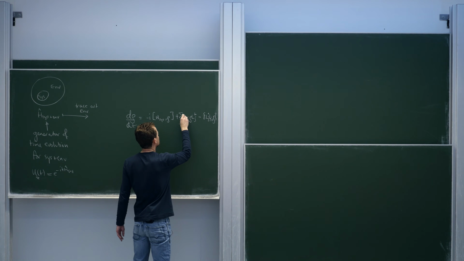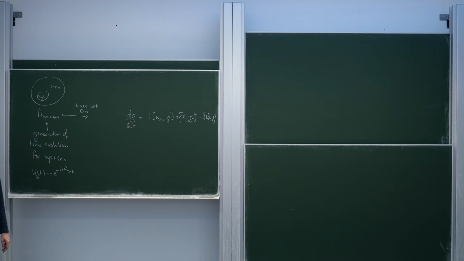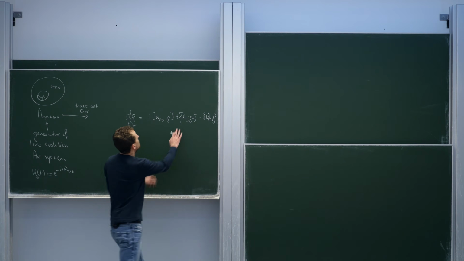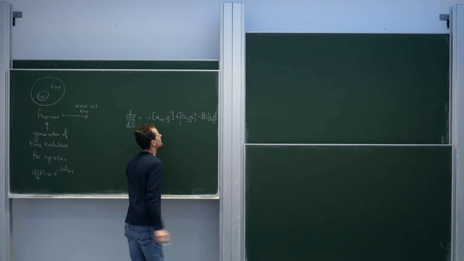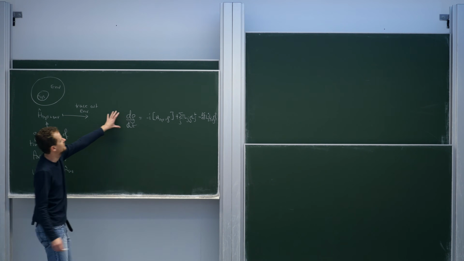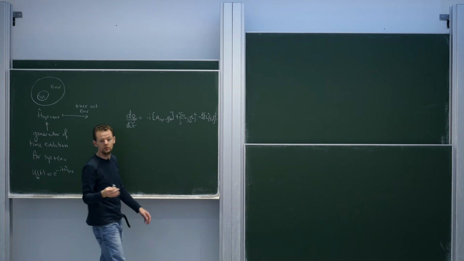Somewhere there's a half. Well, we'll put a 2 here. Yeah, that'll do. I think that's easy to read. We've managed to find an effective equation of motion for the system alone, the state of the system alone. And this is no longer unitary.